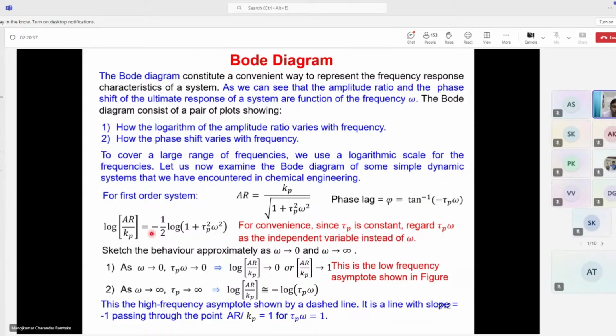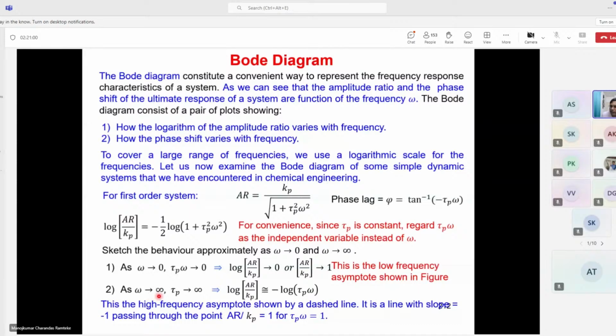In that case, what am I going to get? Minus 1 by 2 log of 1. Log of 1 is what? 0. Isn't it? Log of 1 is 0. So AR by Kp will be what? Log of a particular term is 0 when that term is equal to 1. So you can see log of AR by Kp is equal to 0. That means AR by Kp should be 1. So this is what is referred to as the low frequency asymptote.